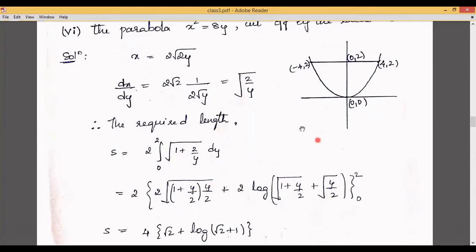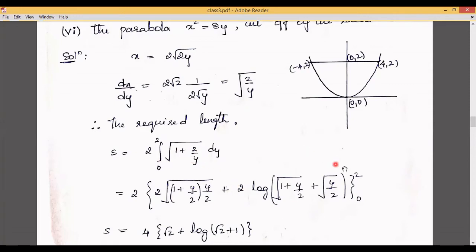Instead of that a, I have written 2, and instead of that x I have written y. I have solved this integral same as I have done in question 4.